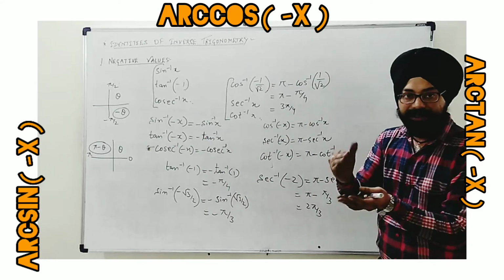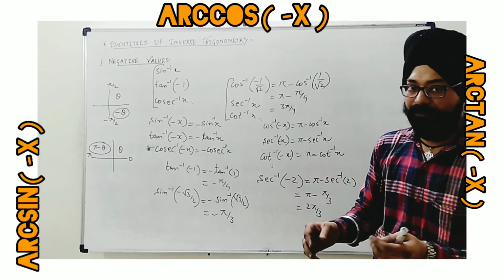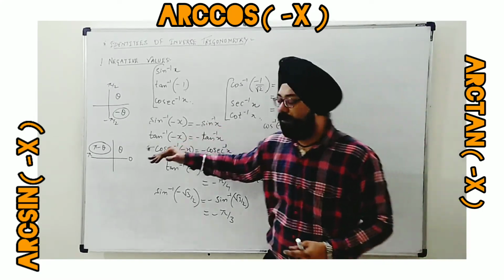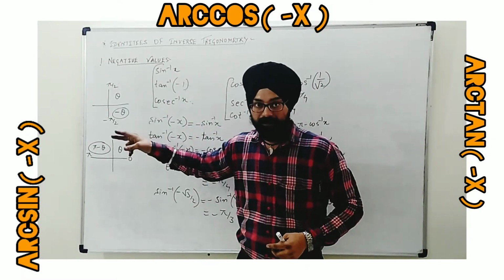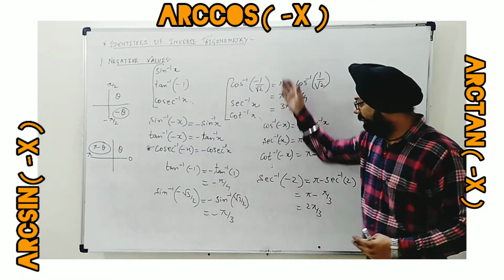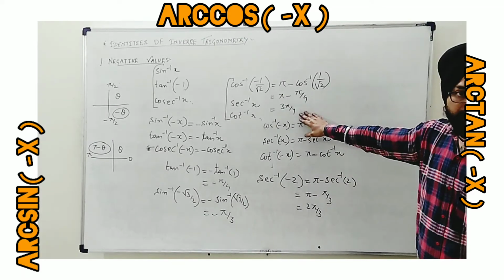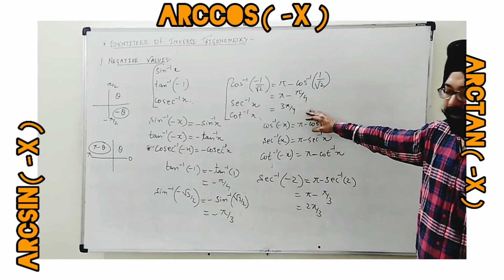So what has it done for us? What is the convenience? Previously we were completely dependent on the quadrant method. Now using these identities we can directly obtain these values without mistake, with no too much calculation.